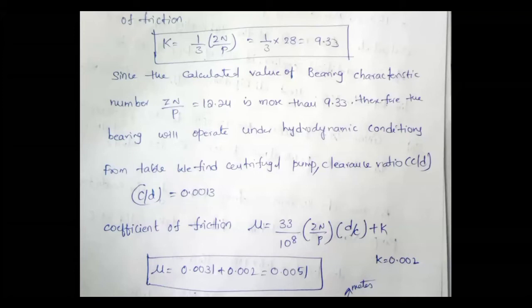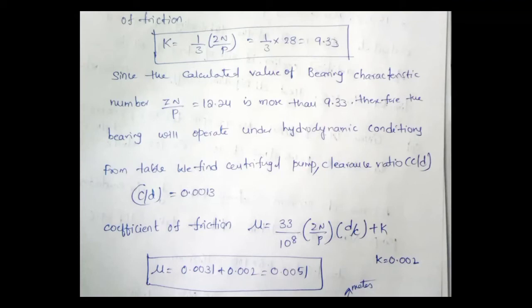Already I told you that first of all, the Zn by P value is calculated according to your given data. Based on that data, you calculate the absolute viscosity value.